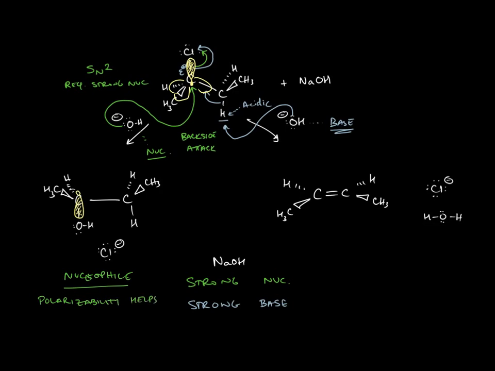Polarizability helps, and that essentially means the squishiness of the electron cloud. I know that squishiness isn't really a word that we use in science very much, but it helps to get to the point. And so one thing that helps is having something that's very squishy.